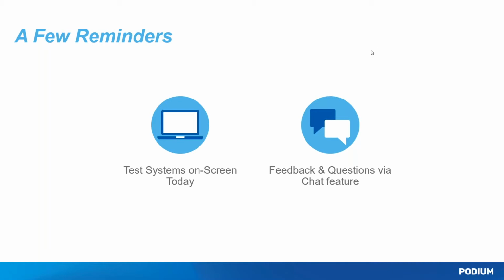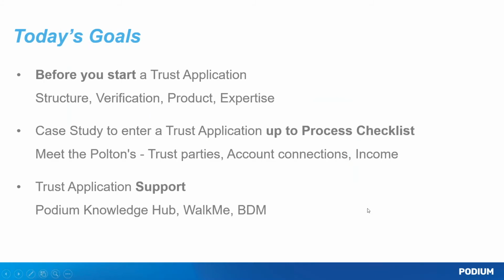So big plan for today, folks. Today's goals are set up into 3 clear parts. The first goal of today is to give you some instruction and some idea of what are good things to check before you start a trust application.